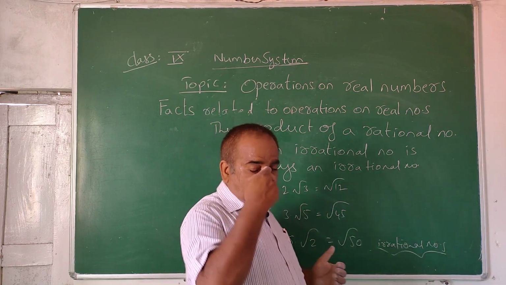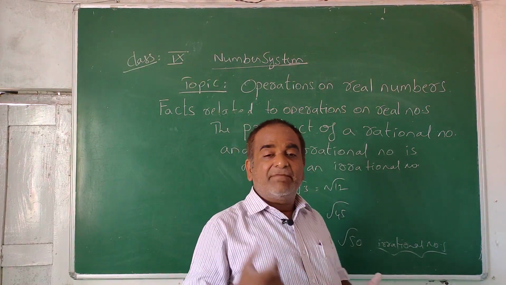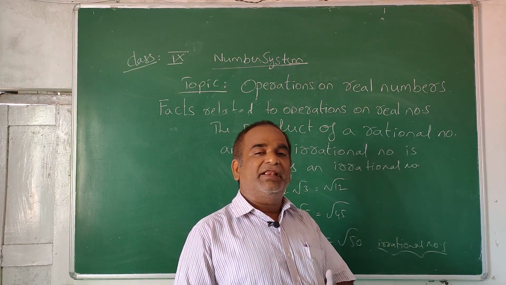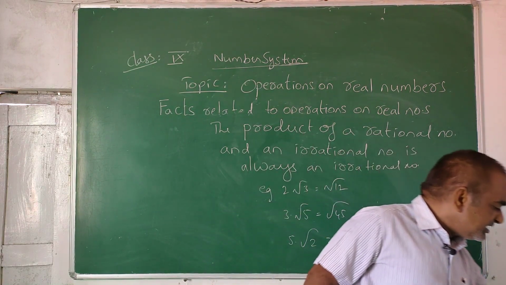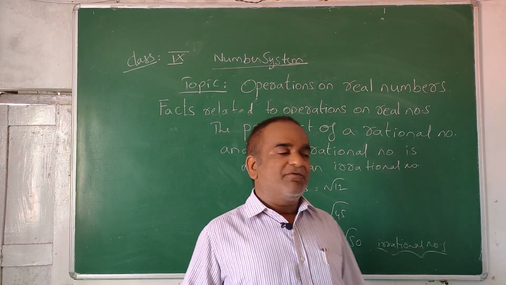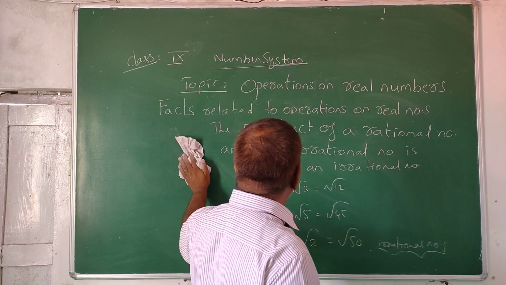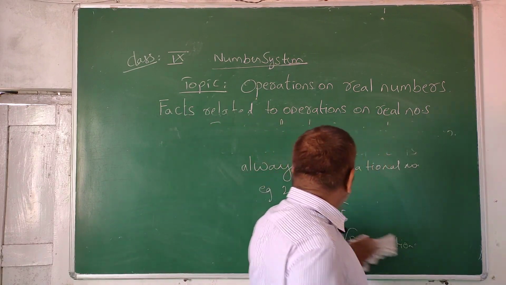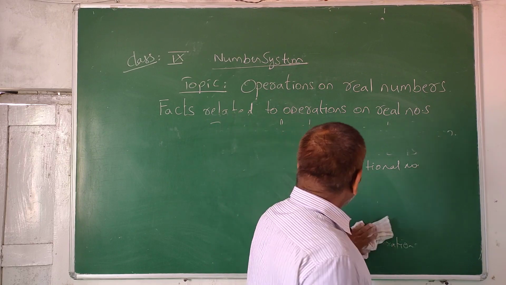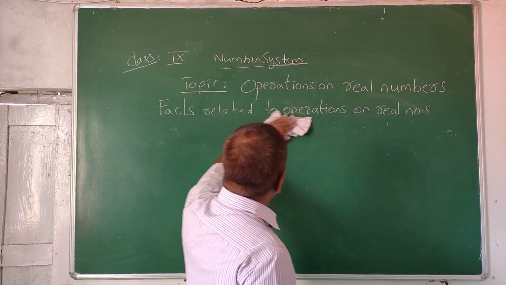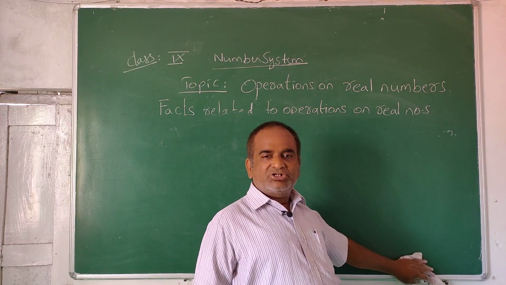So the product of a rational and irrational number is always an irrational number. Similarly, the quotient of a rational and irrational number is also an irrational number only. Quotient of a rational and irrational number is again an irrational number. Understood?